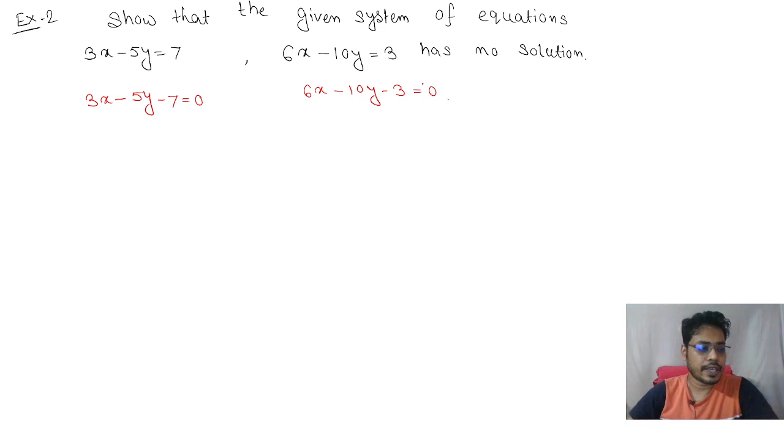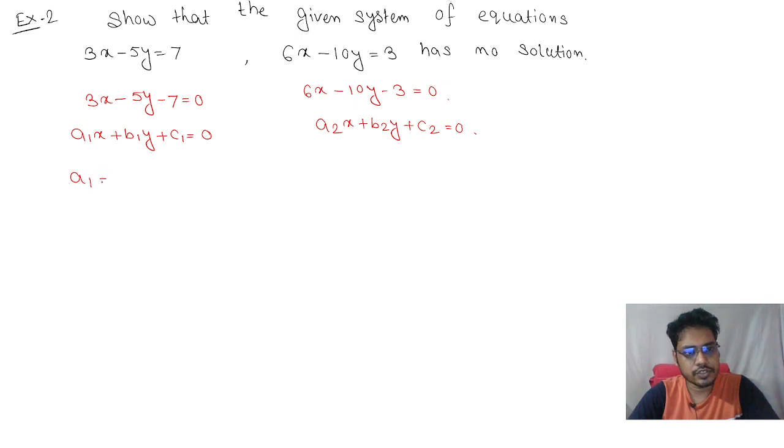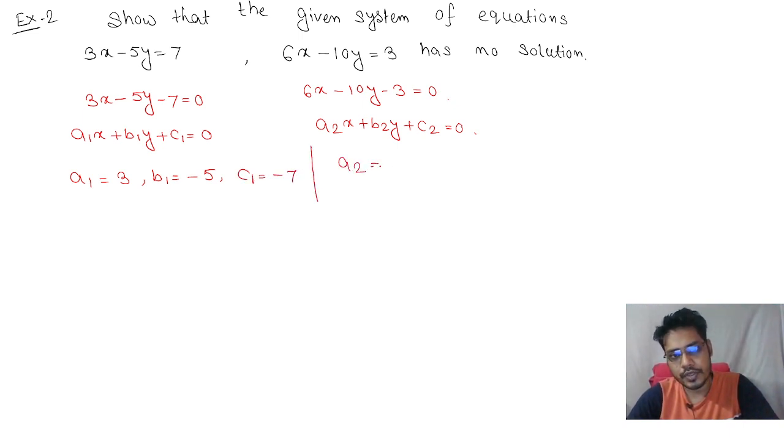Now we write in this form: a1x plus b1y plus c1 is 0, and second equation a2x plus b2y plus c2 is equal to 0. So now a1 is 3, b1 is minus 5, and c1 is minus 7. Now here a2 is 6, b2 is minus 10, and c2 is minus 3.